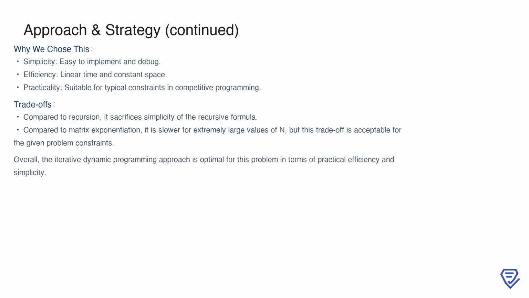One of the most straightforward methods to solve this problem is the brute force approach using recursion. With this method, we first define the base cases. When n is 0, 1, or 2, we simply return the predefined values of t_0, t_1, and t_2, respectively. These base cases serve as the foundation for the recursive process.